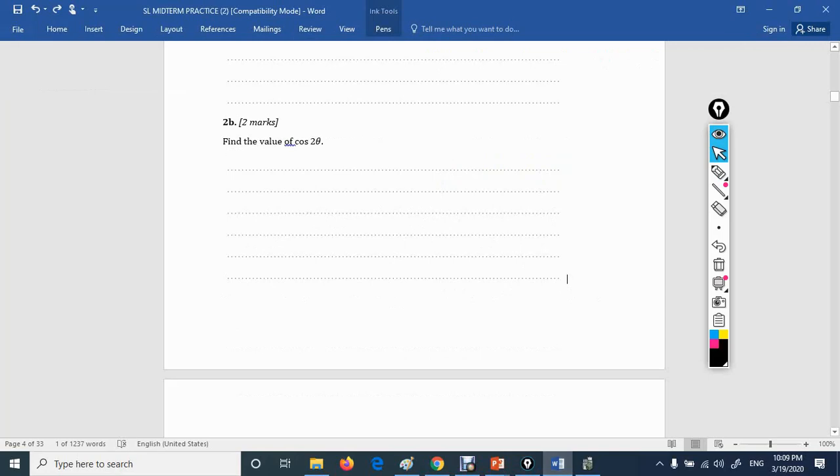So here we are with question 2b. Find the value of cosine of 2 theta. Okay, so 2 theta. That's a double angle identity. Now recall that cosine of 2 theta is equal to cosine squared of theta minus sine squared of theta. That's one of the identities for the double angle of cosine. There's others, but we're going to use this one.